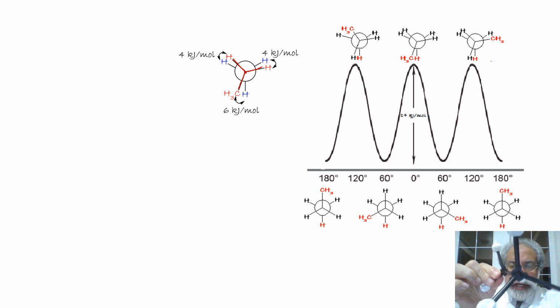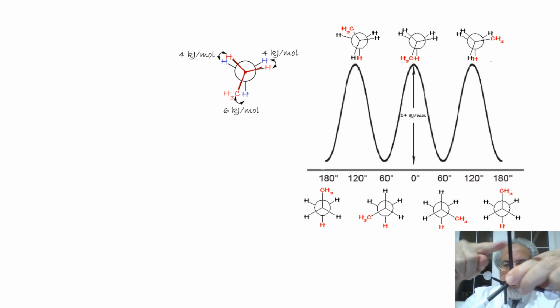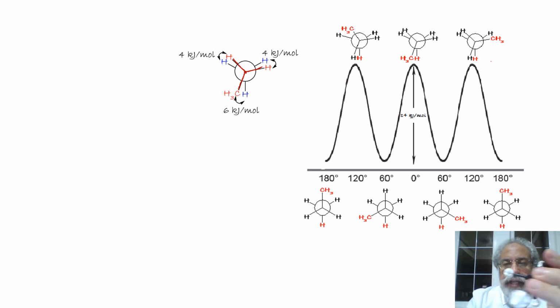Okay, if we have the CH3 up and the H down, and the dihedral angle between CH3 and the H is 60 degrees, okay, that will be the stable form.